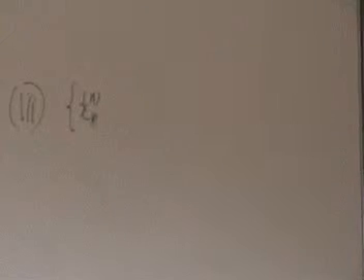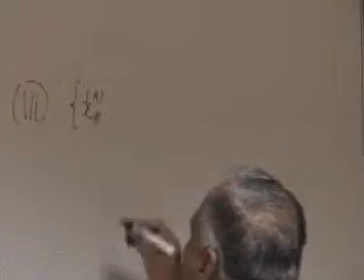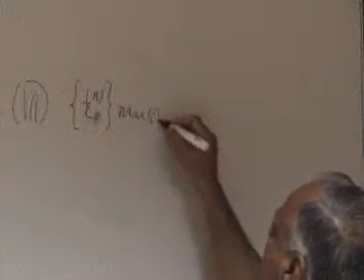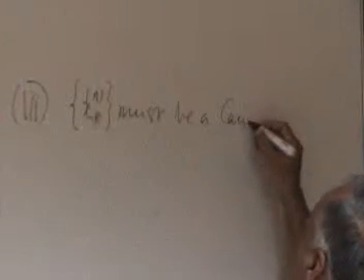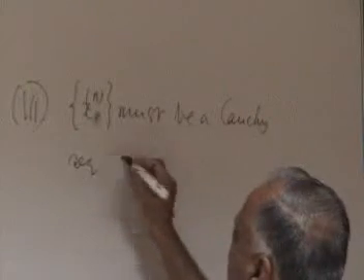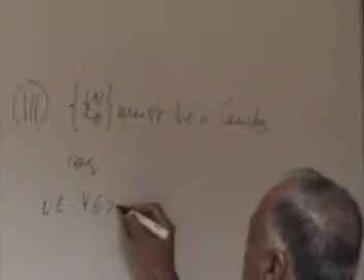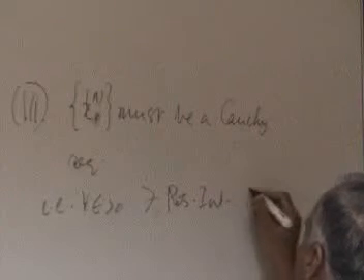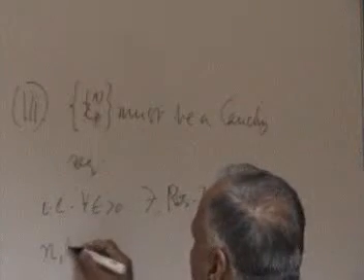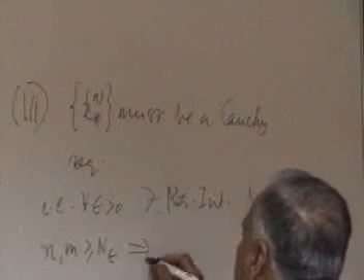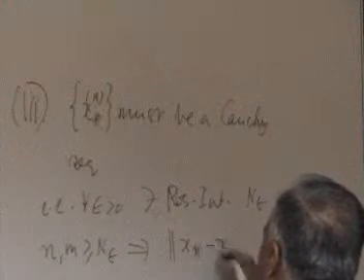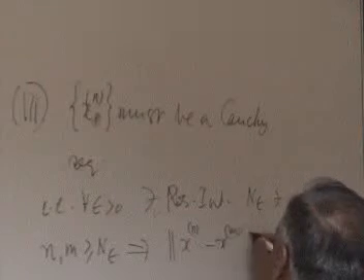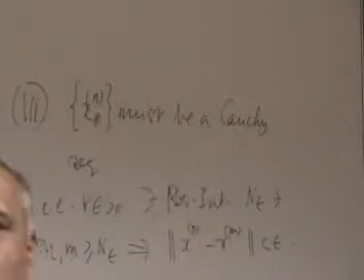Should I write again the superscript here? Xn must be, that is, for every epsilon there is a positive integer n epsilon such that n, m greater than or equal to n epsilon implies the norm of xn minus xm is less than epsilon. Okay.